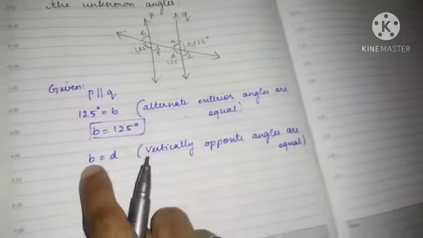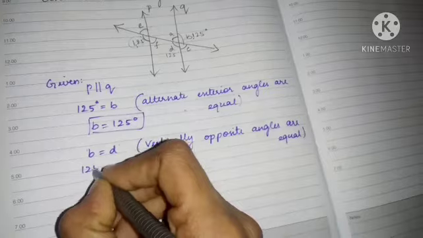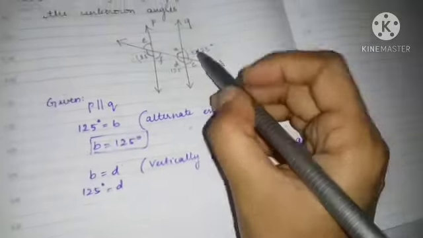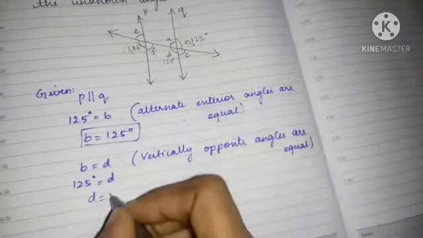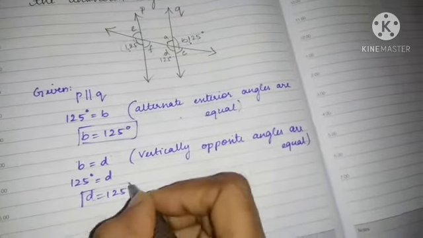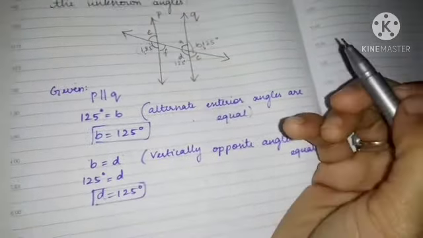So what is the B value here, children? You already know 125. If this is 125, D is also 125. So D is equal to 125 degrees. So now I got the value of D.